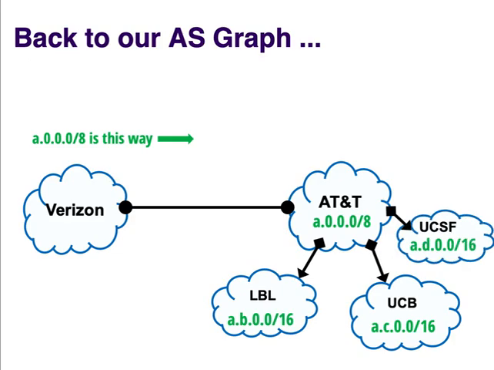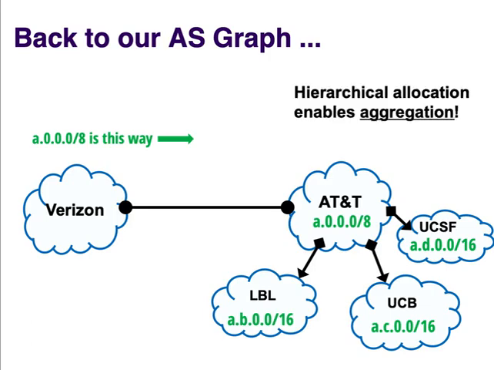Let's say UCSF came along and is given the prefix a.d. What changes at Verizon? Does anything change? No. It's a local change within AT&T's network. Verizon doesn't even need to know about it. So you get yet another level of scalability. You don't send updates when you don't need to.